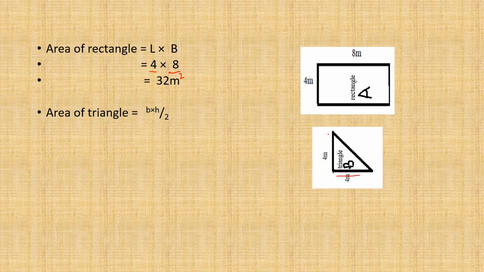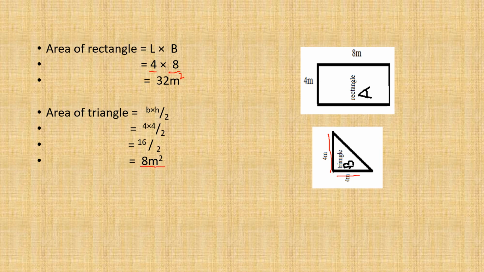This is the height. Exactly. So we have 4 times 4 divided by 2. 4 times 4 is 16. So 16 divided by 2 will give us 8 square meters. This is now the area of the triangle.